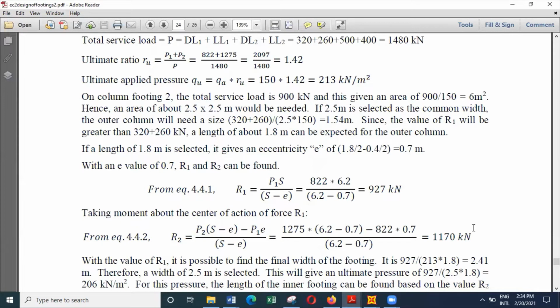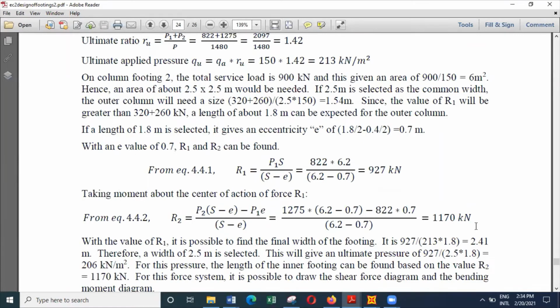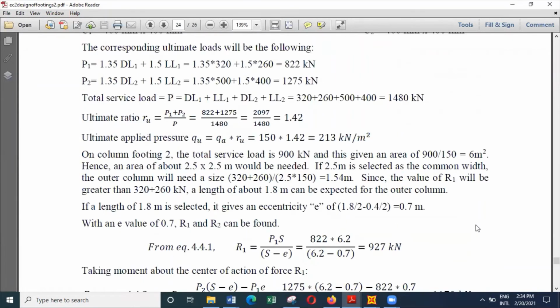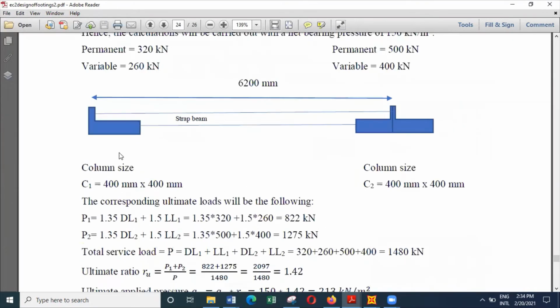So what we can do is select a thickness, select a length of 1.8 meters, width of 2.5 meters for this, and then see what is the soil pressure that will be acting on this.